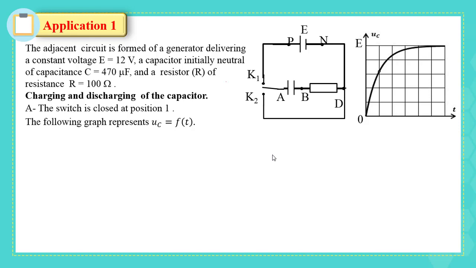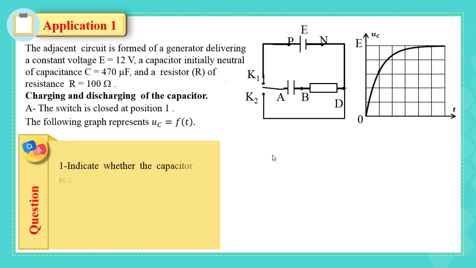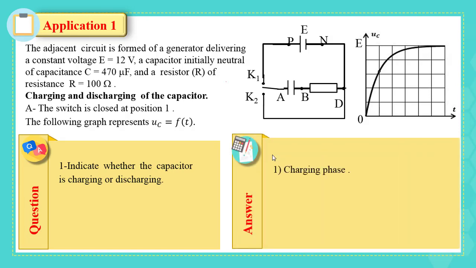A. The switch is closed at position 1. The following graph represents the variation of the voltage across the capacitor with respect to time. 1. Indicate whether the capacitor is charging or discharging. The capacitor is in charging phase.